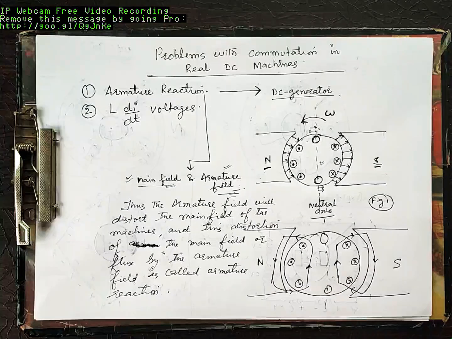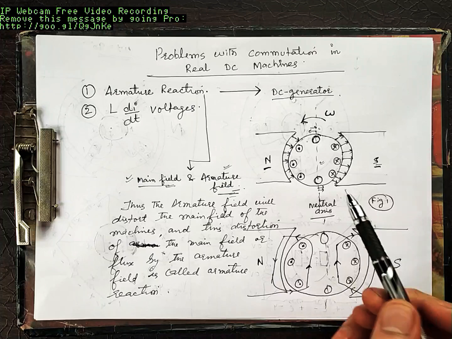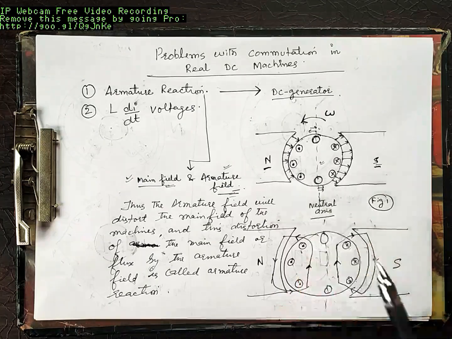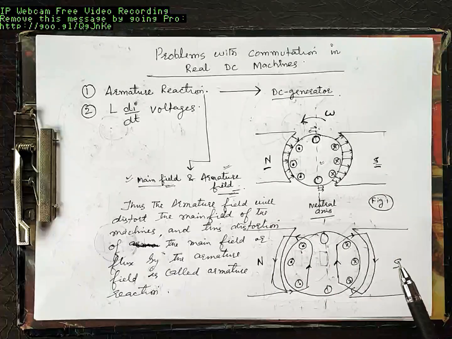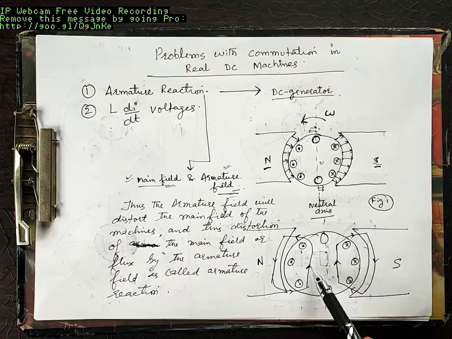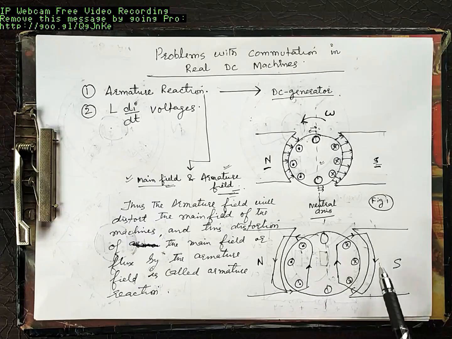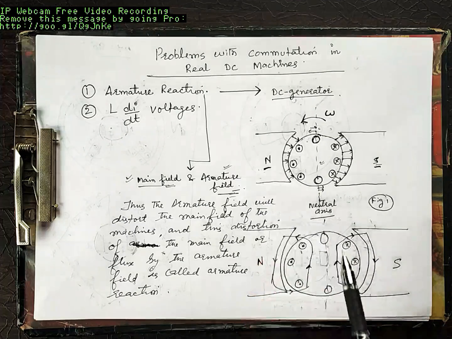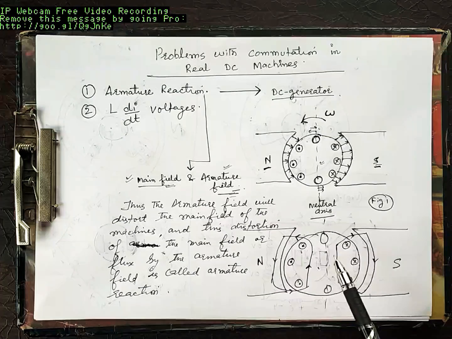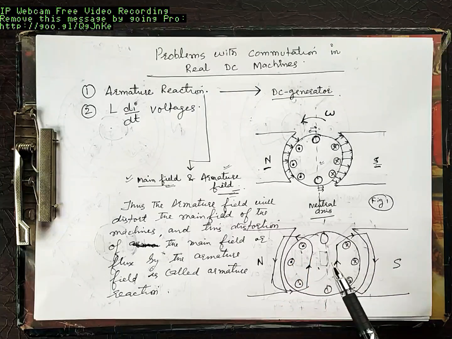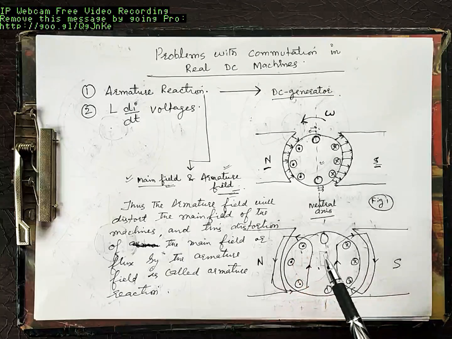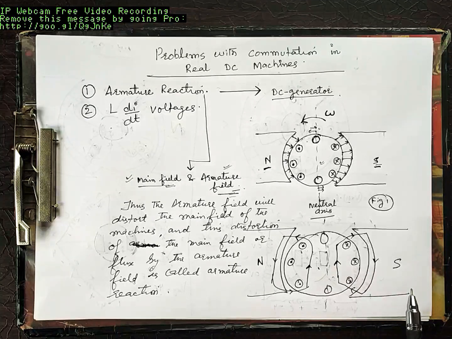So now what is armature reaction? Armature reaction basically is, in simpler terms, when you connect load to the terminals of this machine, a current will flow. That current flow will produce a magnetic field of its own. Now since there are two magnetic fields in the machine, one is the main field, second is the armature field. So there will be an equivalent resultant magnetic field.